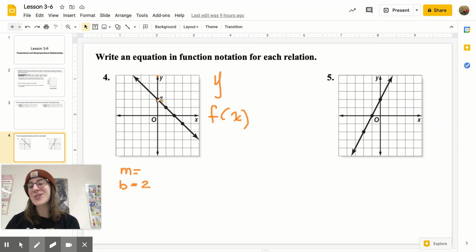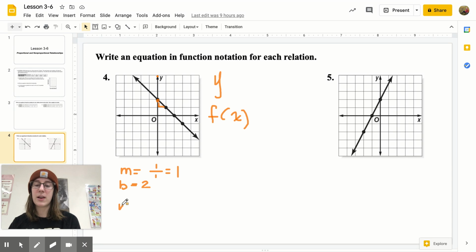The m is your slope. I remind you, the m is change in y over change in x, or your rise or fall over your run. Looks to me like we're falling 1, running 1 to get from each spot, so it's just simply 1 over 1 or 1. You could write it as either.